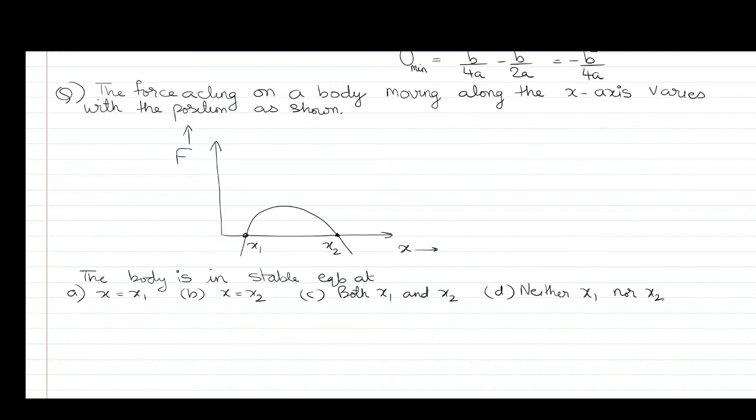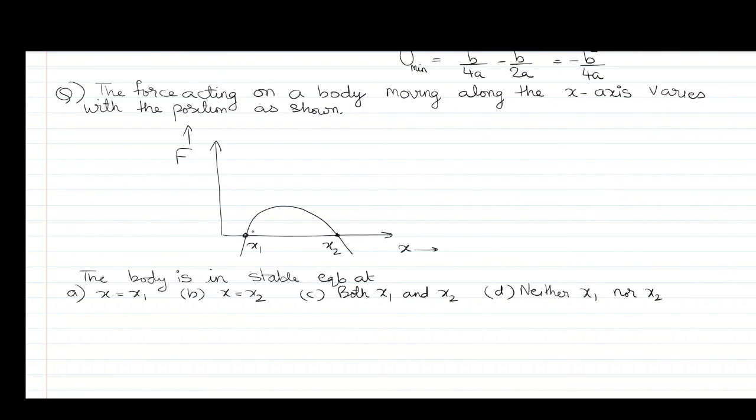This is one more question which is related to the force and x graph. It says that the force acting on a body moving along the x-axis varies with the position as shown, and this is the Fx graph. They have asked that the body is in stable equilibrium at x equal to x1, x equal to x2, both x1 and x2, neither x1 nor x2.